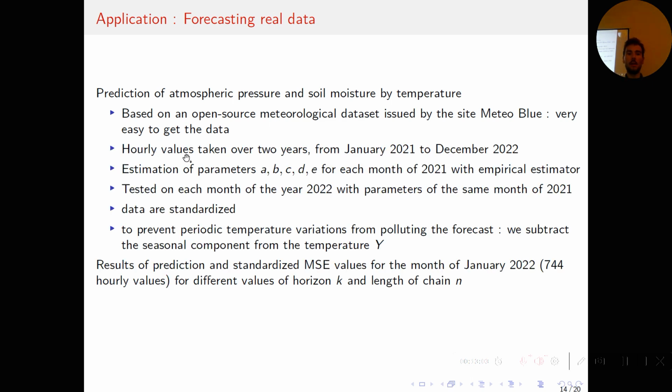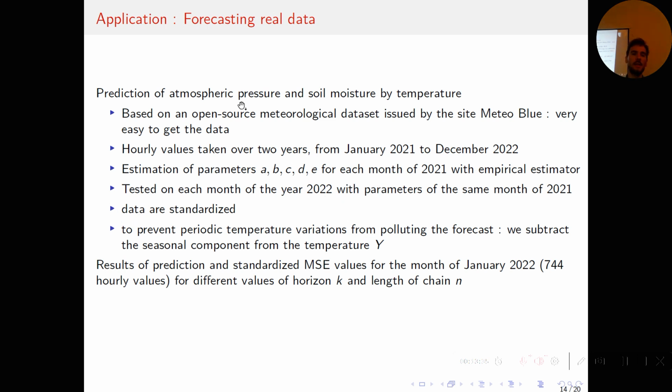It is hourly values taken over 2 years, from January 2021 to December 2022. We estimate the parameters, the covariances, on each month of the first year, and with values estimated on 1 month, we test on the same month of the successive year to see the behavior of the prediction.